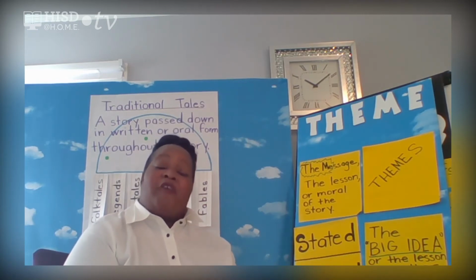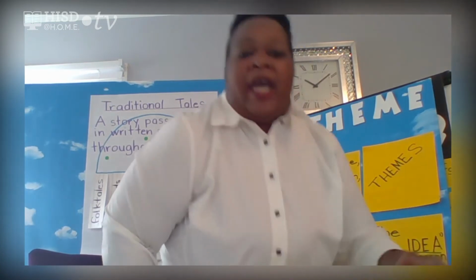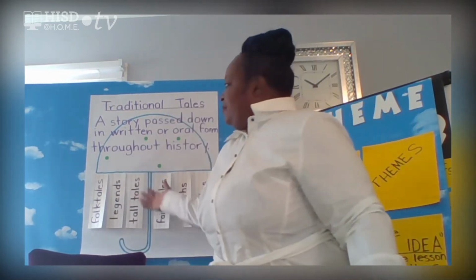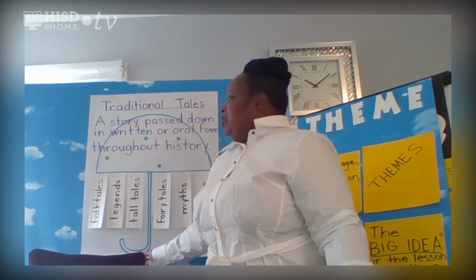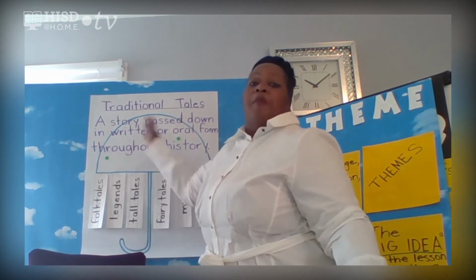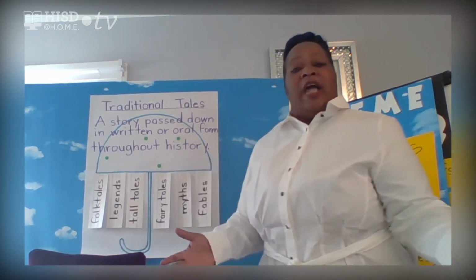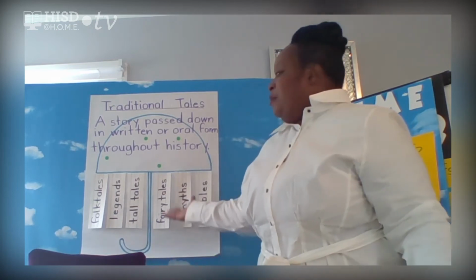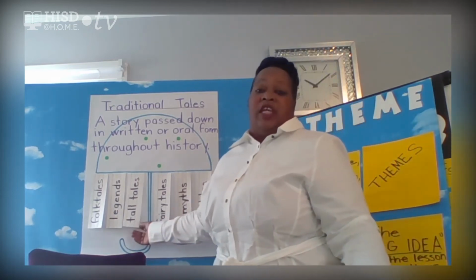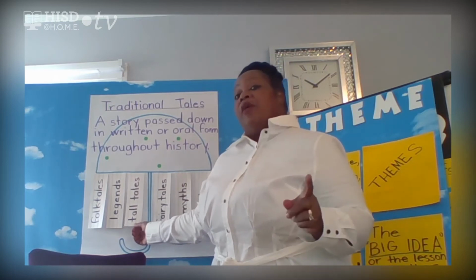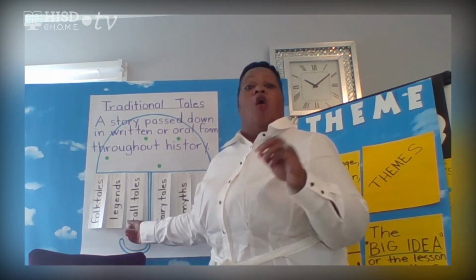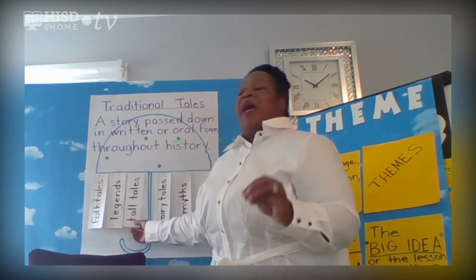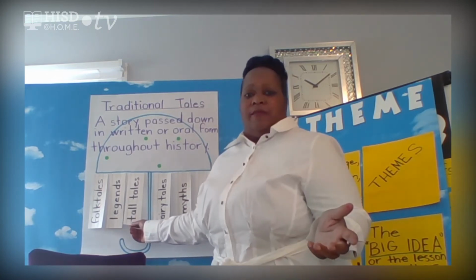And if you can recall from last week, we created a traditional tales anchor chart that shows the whole umbrella of different types of stories that one might see with the traditional tale. Remember, a traditional tale is a story in written or oral form that was passed down throughout history.